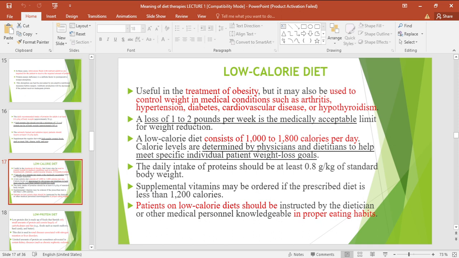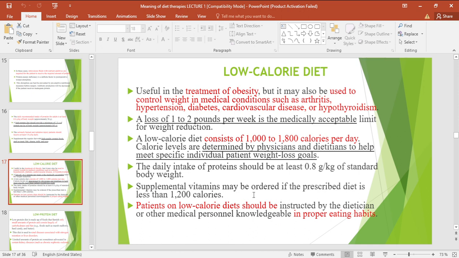A low-calorie diet will consist of 1,000 to 1,800 calories per day. So the calorie levels are determined by physicians and dietitians, and this will help meet the specific individual patient weight loss goals. The daily intake of proteins should be at least 0.8 grams per kilogram of the standard body weight.